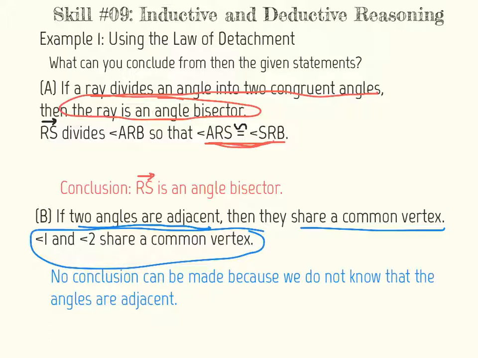We could also come up with a counterexample. An example of a counterexample would be vertical angles.